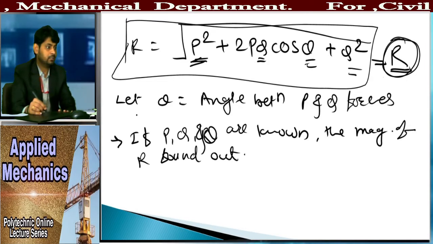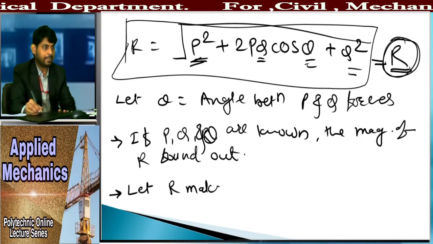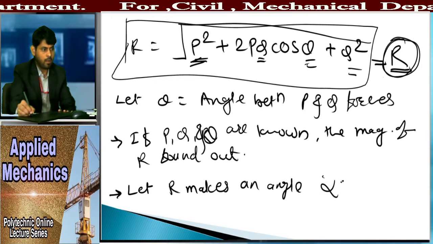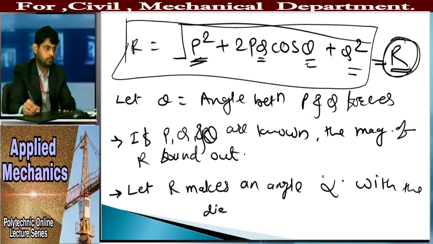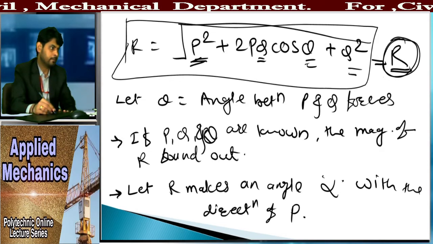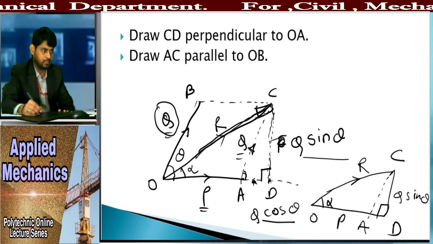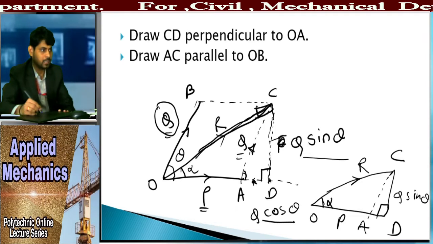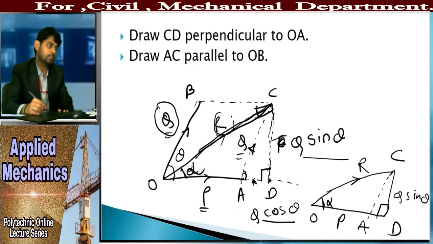So let's see here. Let R make an angle alpha with the direction of P. In this diagram you can see when we take this resultant, it creates a new angle, that is alpha.